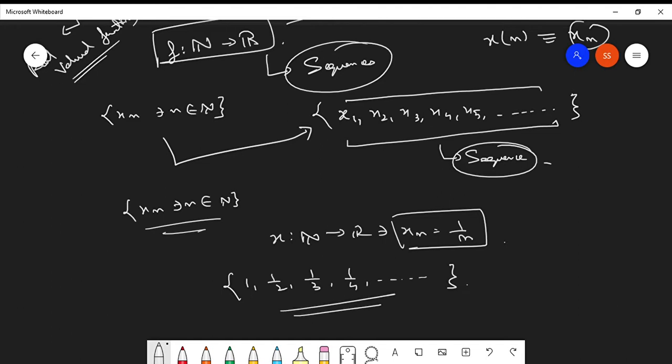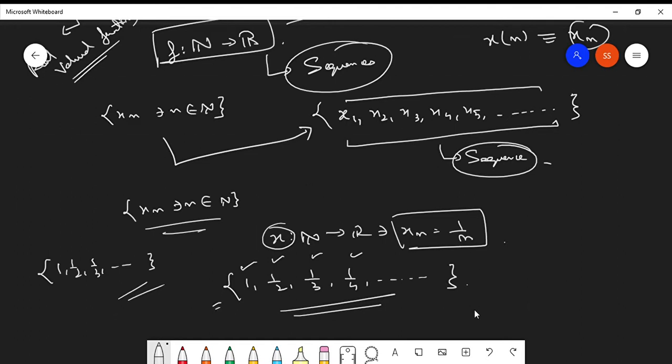The range is the set of all images of the function. These are the only images of the function x, so the range is also 1, 1/2, 1/3, and so on. In this case, the range and the sequence are identical.